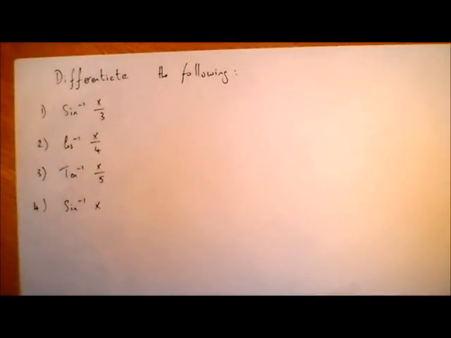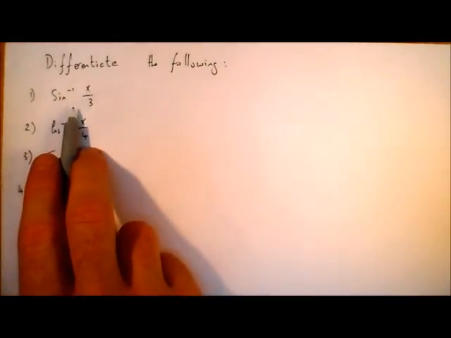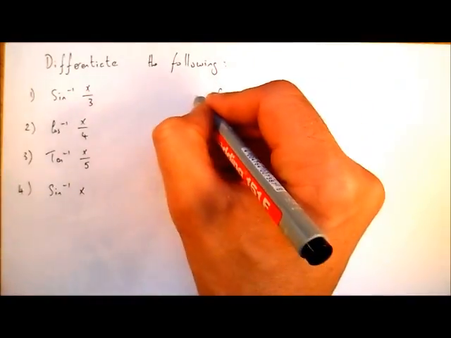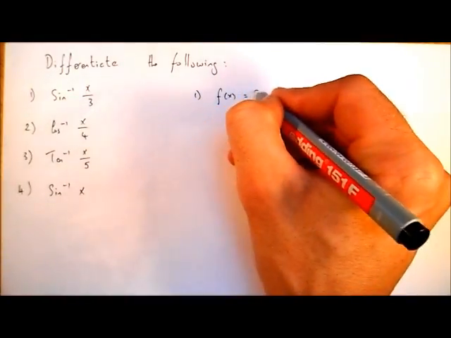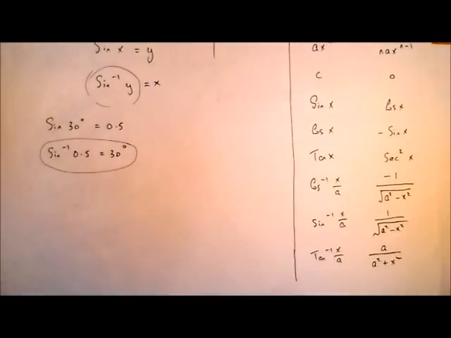Say we have these questions. We want to differentiate the following. The first one, we just have to differentiate sine inverse x over 3. So let's say f of x is equal to sine inverse x over 3. We go back to our rules. Sine inverse x over 3 is just exactly like this one, but instead of an a, we have a 3. So when I differentiate sine inverse x over 3, I will get 1 all over the square root of 3 squared minus x squared.